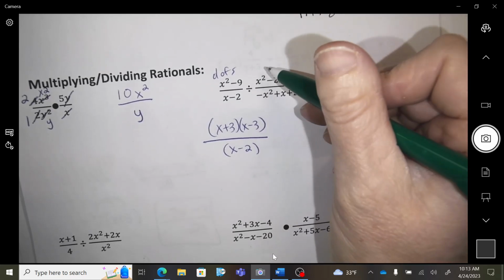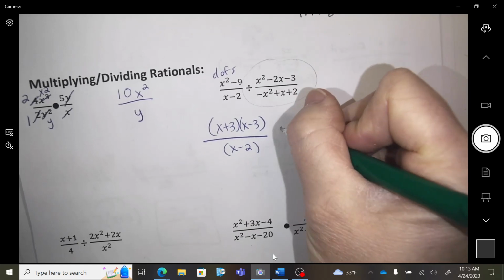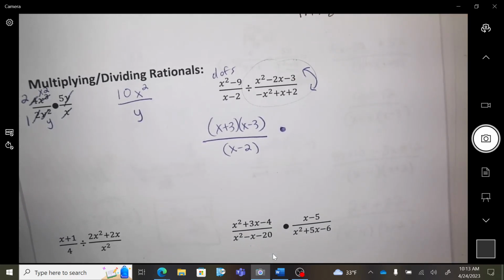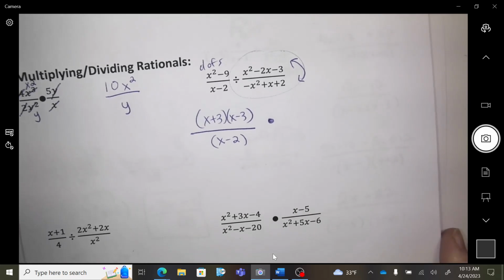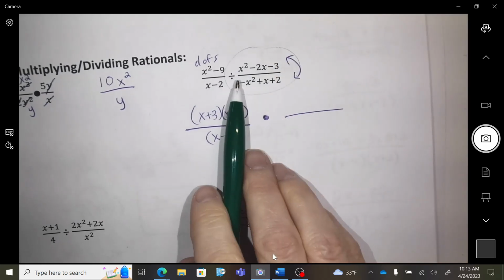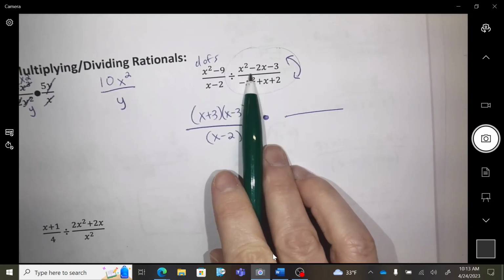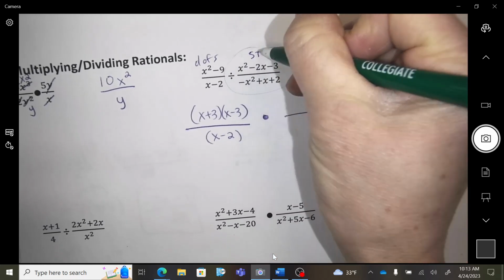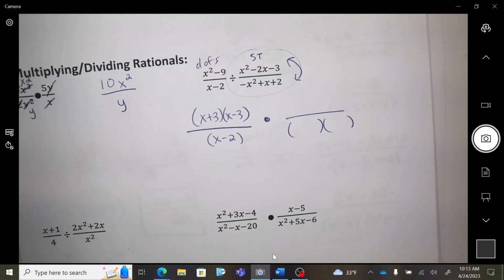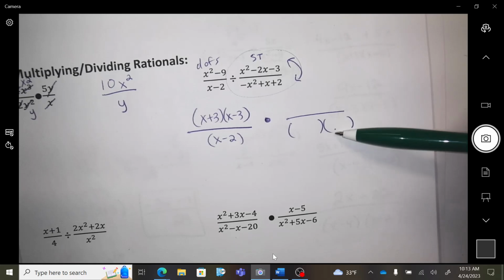Okay. I am now going to change the process of dividing by this fraction to timesing and flipping. So I'm going to flip this around. Let's talk about this one. What's the style? Simple trinomial. Remember now I'm putting it on the bottom though, because I'm flipping it. So I'm doing this simple trinomial on the bottom.